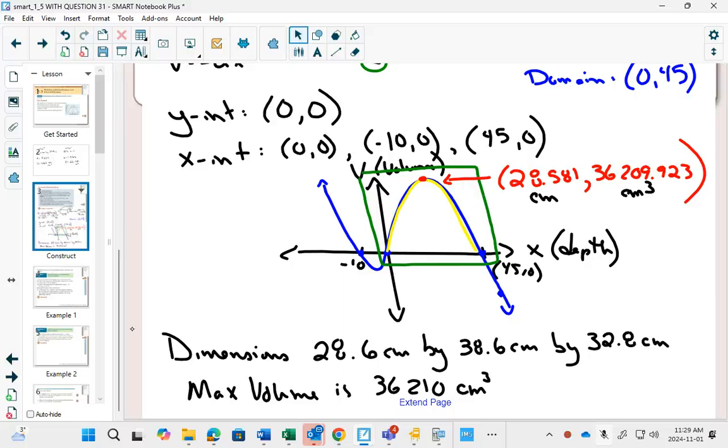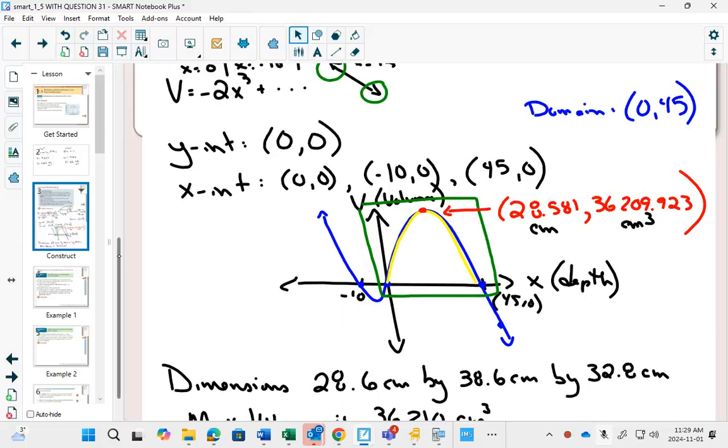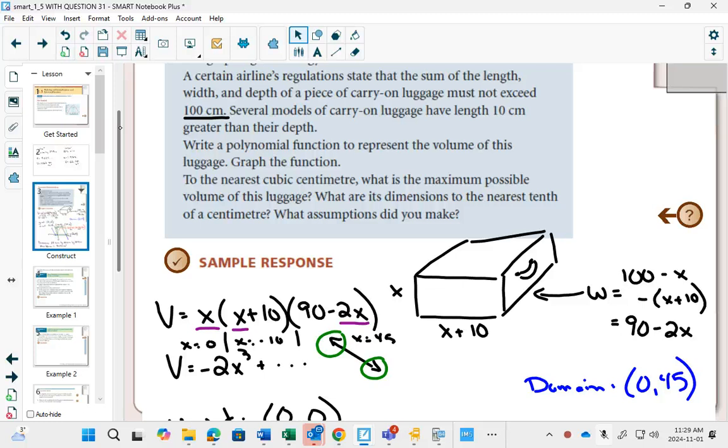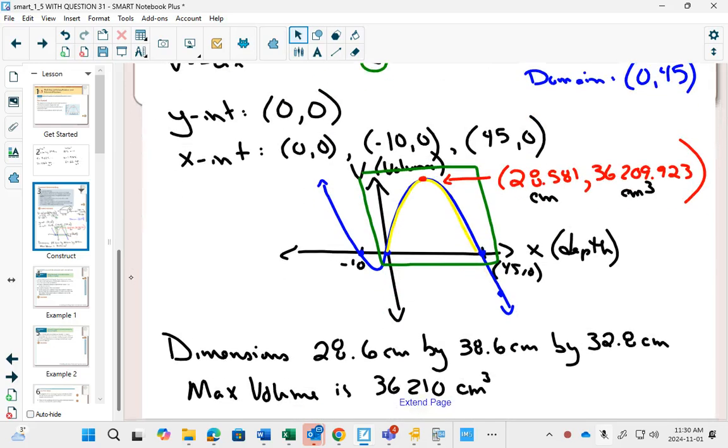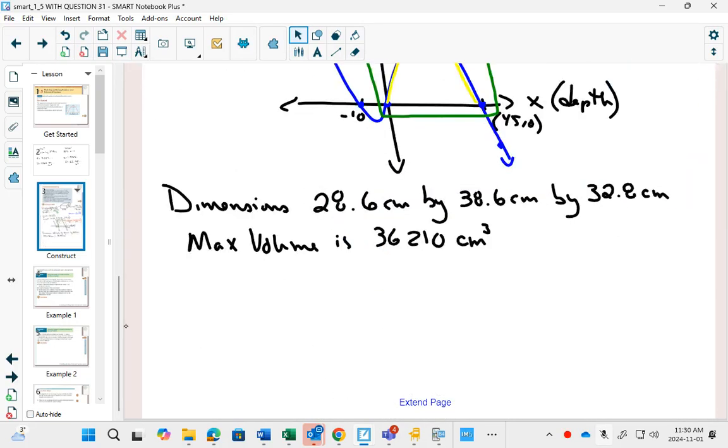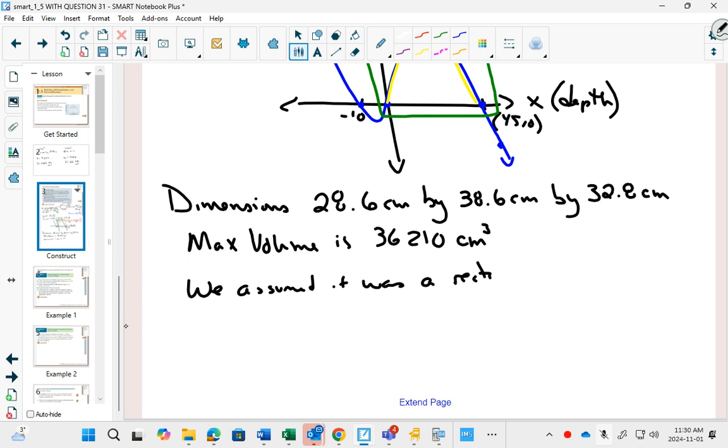Did it ask anything else? Read it again. Okay. Graph the function. We did that. To the nearest cubic centimeter. Did that. What are the dimensions? What assumptions did we make? We assumed it was a rectangular prism.